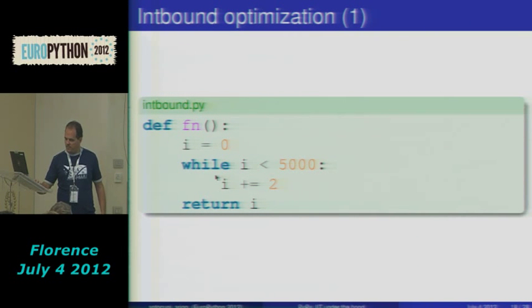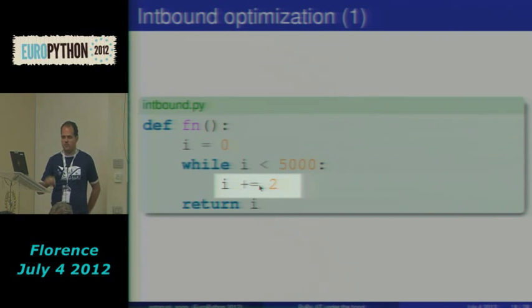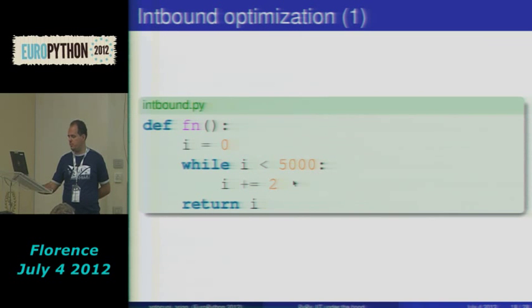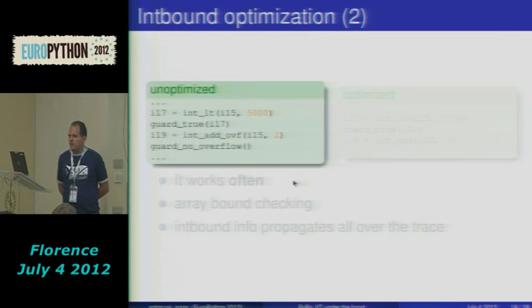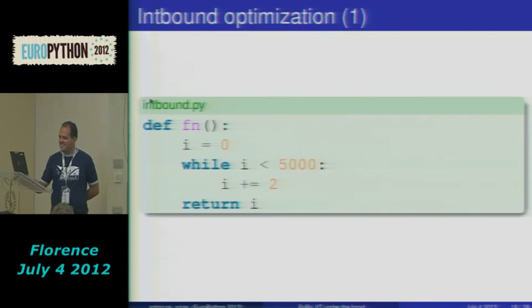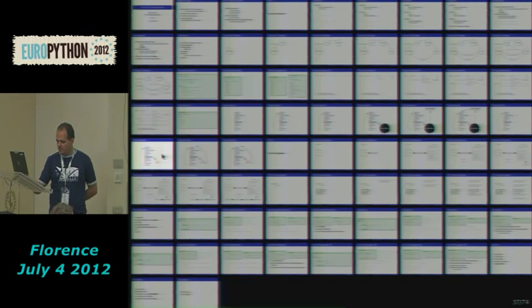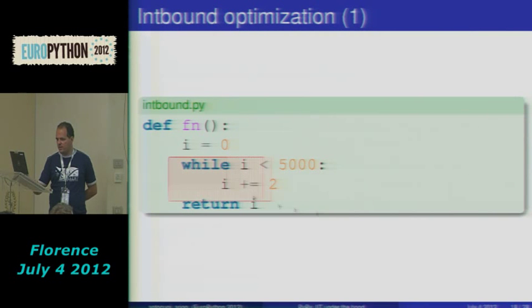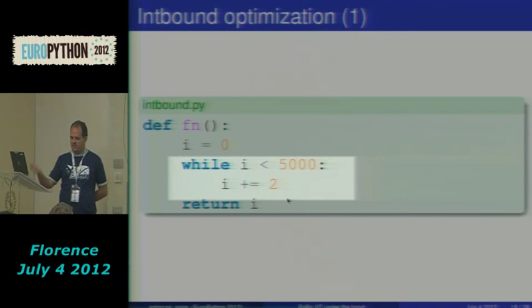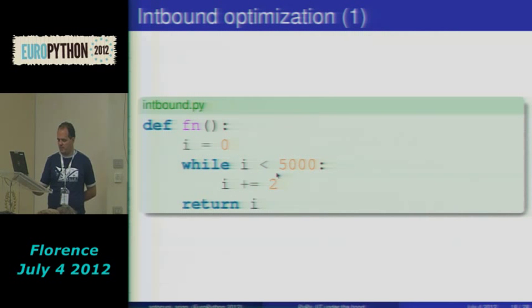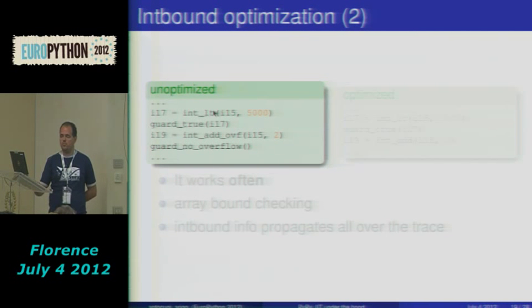This is an excerpt of the unoptimized trace we get. What is the trace? It's for implementing these two lines, because we check the condition of the loop and we increment I. So this is the condition of the loop.